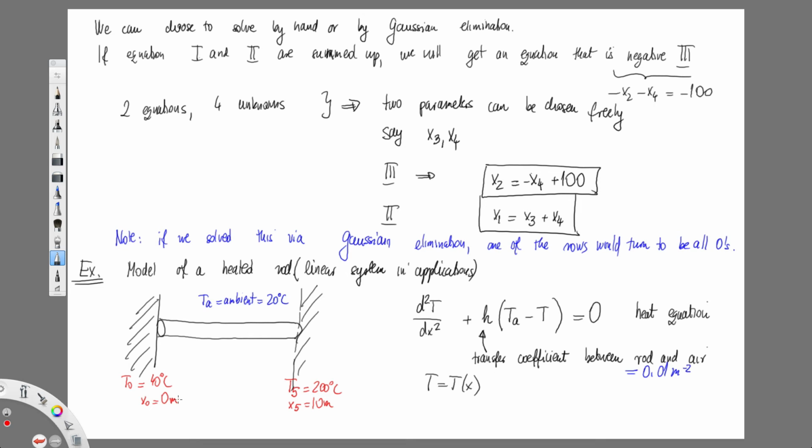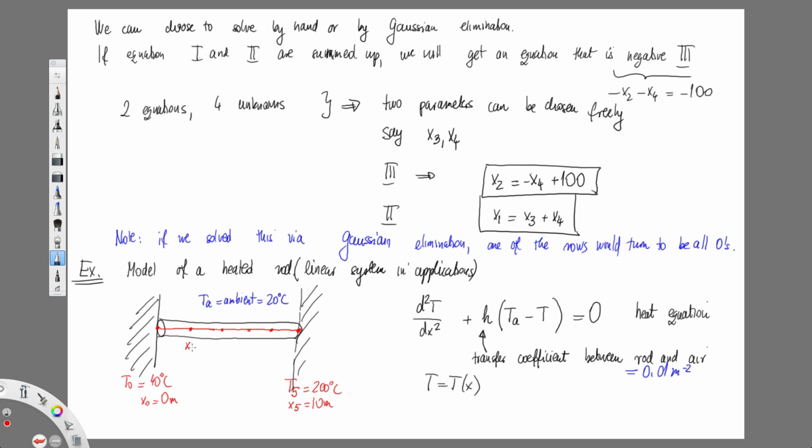So the first step is to discretize, and the way I'm going to do that, I'm going to say, okay, well, let's just add 4 points in between here. So I have one at the wall. So this is my x0 and x5, and I'm just going to do 4 points equally spaced in between. So that's essentially my line.